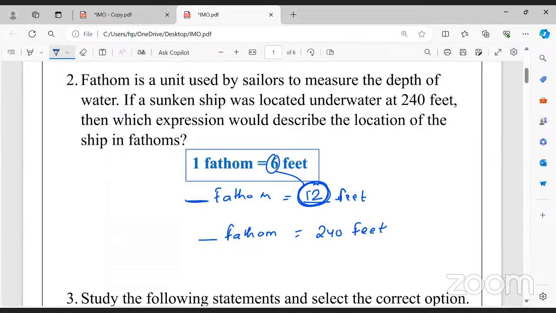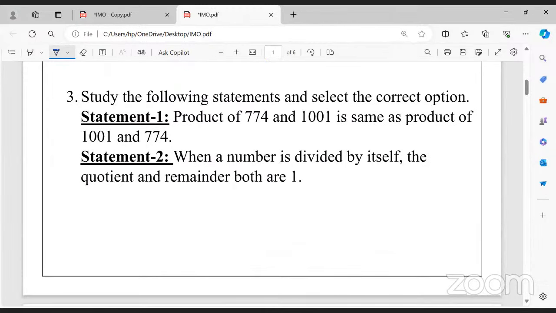So what we are doing? 12 divided by 6. So here we will do 240 divided by what? Yes, 6. And what's the answer? 40. Very good, Apurva. It's not 72. Who said that? 72. Rajeshri, please check. Very good. Moving to the next question.